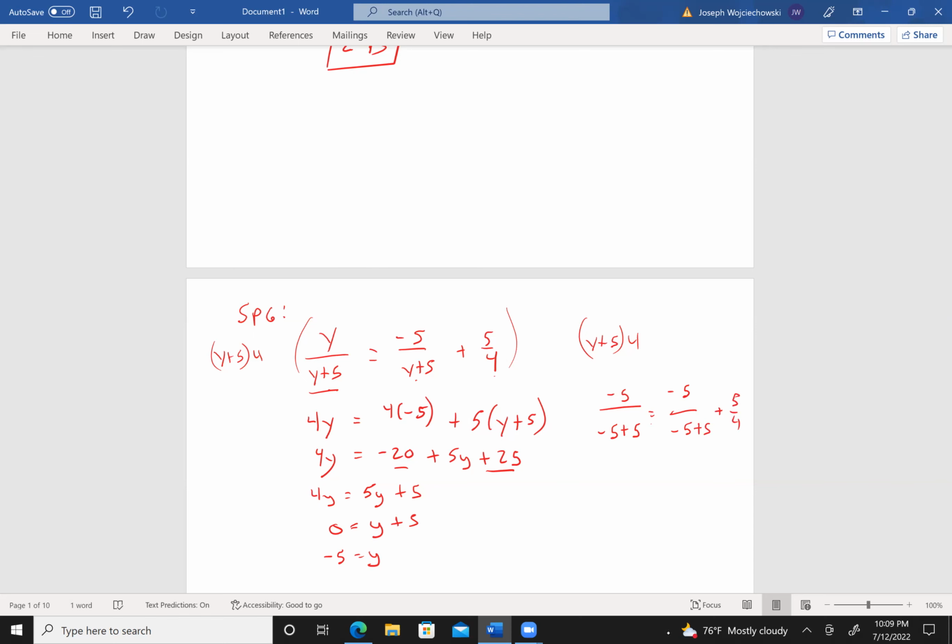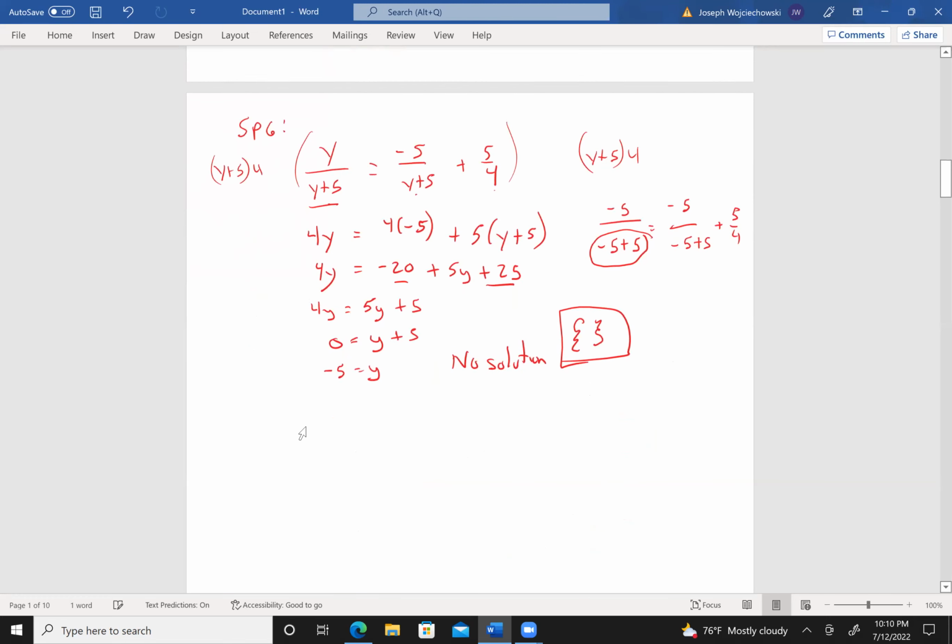So what happens here? First of all, this is 0. We cannot divide by 0. So we're given a solution, but it's not one that we can use. So the solution set for this would be the empty set, or no solution.